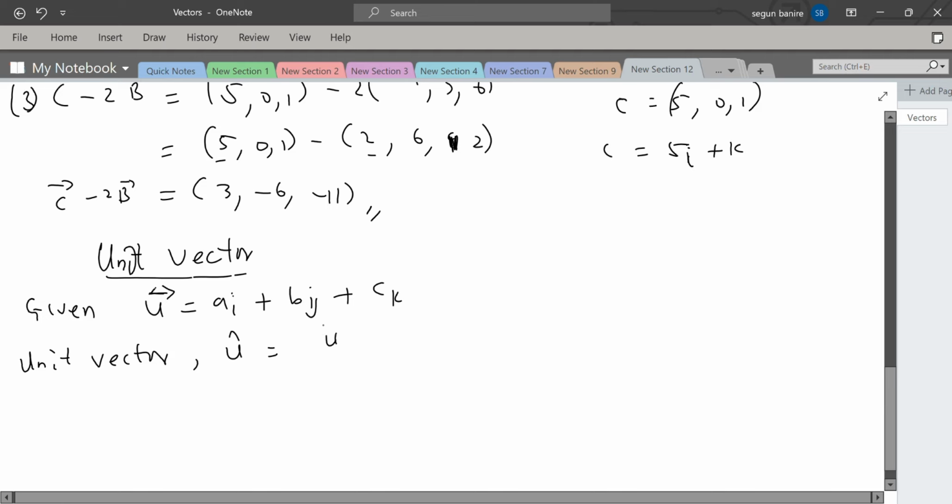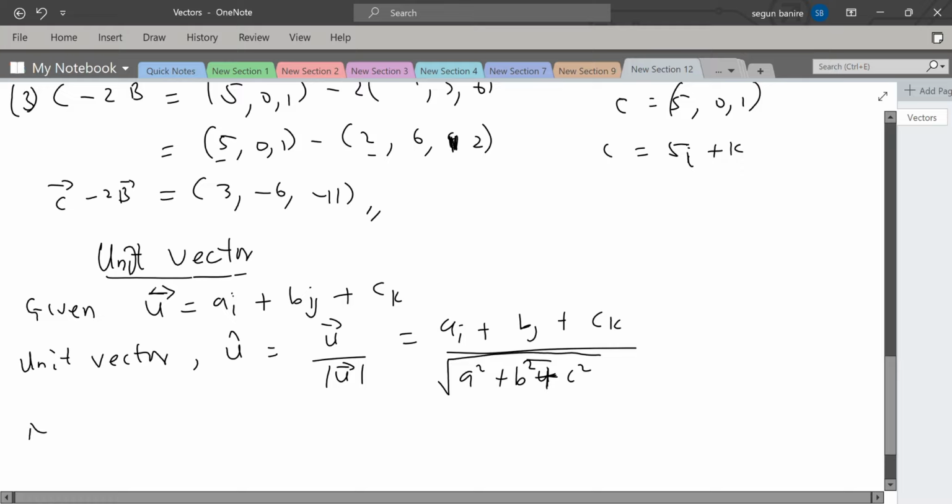It is the vector u divided by the magnitude of u. The magnitude is the square root of a squared plus b squared plus c squared. Note that the magnitude of the unit vector is always 1.